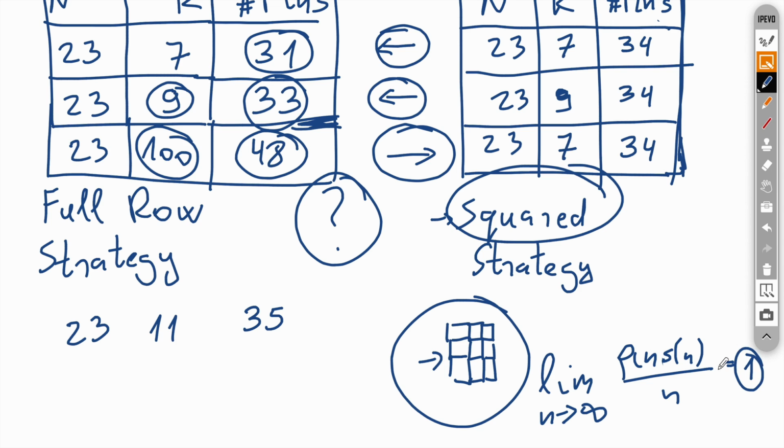And we have already shown that this 1 is an optimal number of pins for conquering new space. This function pins for this square strategy is not depending on k, because we don't care about k. What happens if the k is very small? In that case, our squared strategy, suppose that this is the kth column, is simply going to overshoot or overestimate the number of pins. In that case, clearly the full row strategy will win.